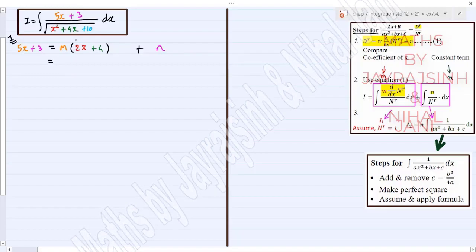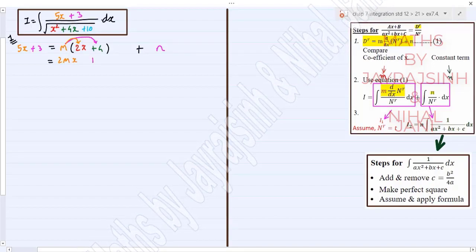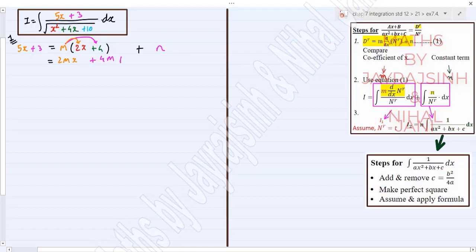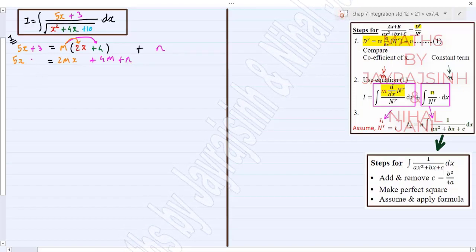Now let's simplify. M multiplied with 2x will give us 2mx. M into 4 will give us 4m plus n will be as it is. But on the left side, we have 5x plus 3.